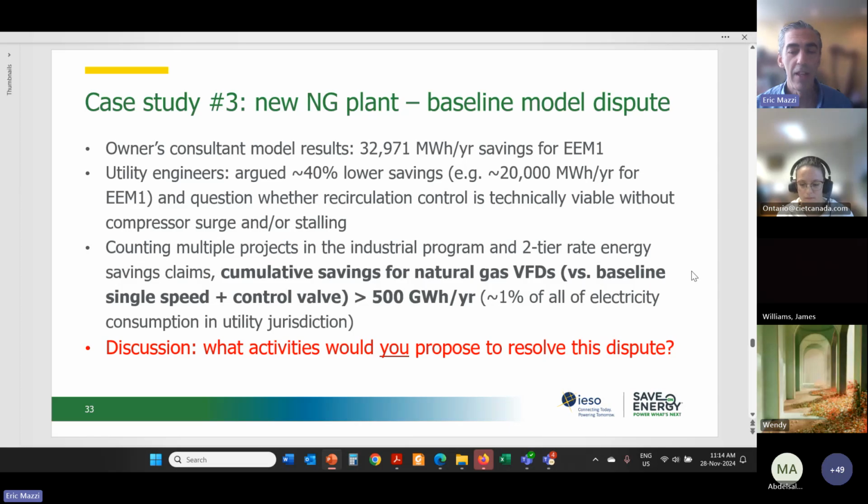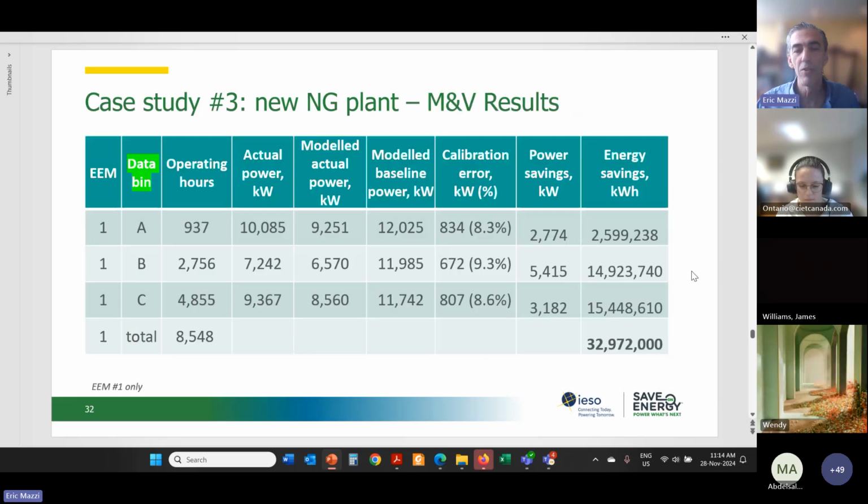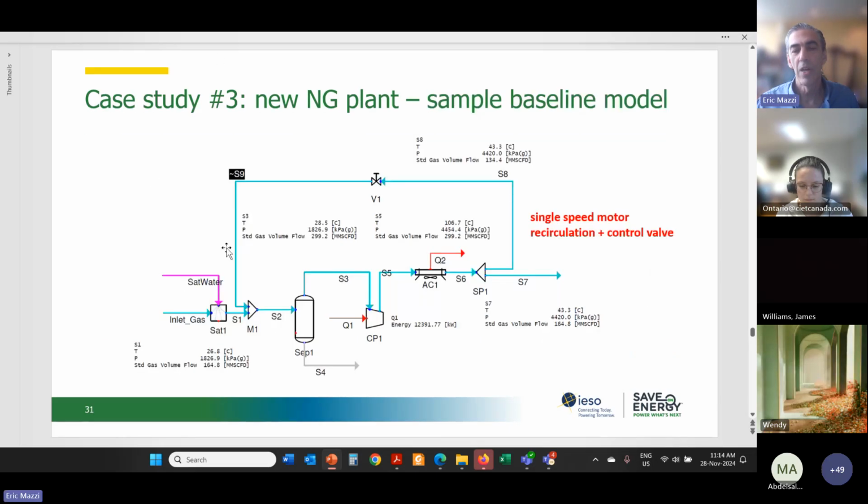It's just a big number, and that's the key idea. So my question for all of you: if you have a discrepancy, with multiple parties, like the modeler might say the baseline power would have been 25 megawatts.